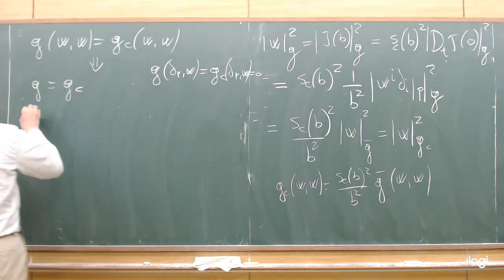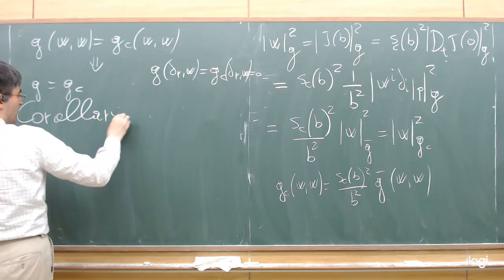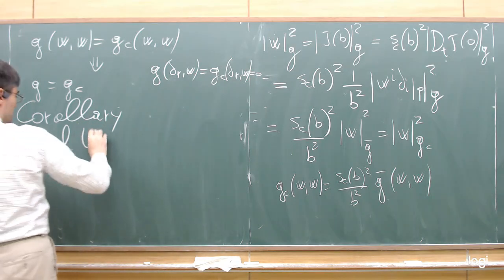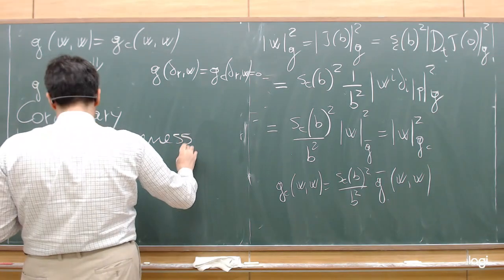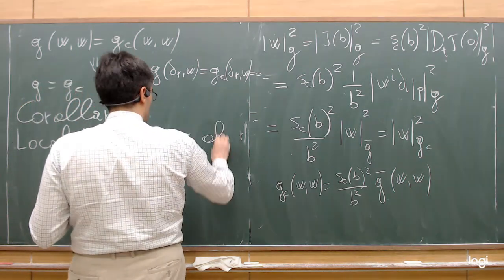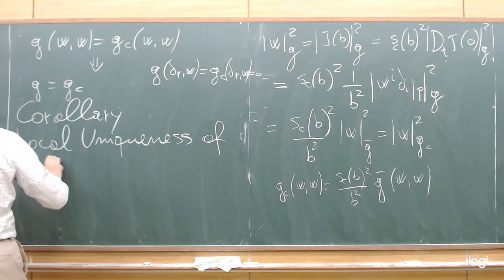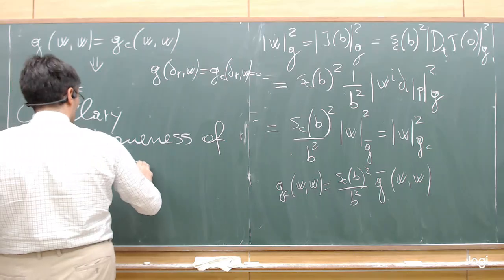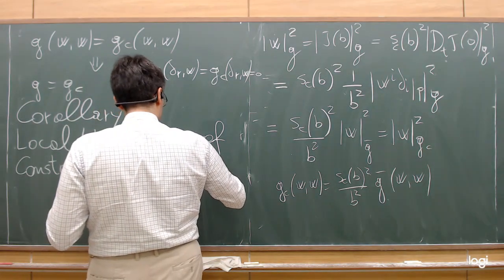So now we have this nice corollary. Local uniqueness of constant curvature metrics.